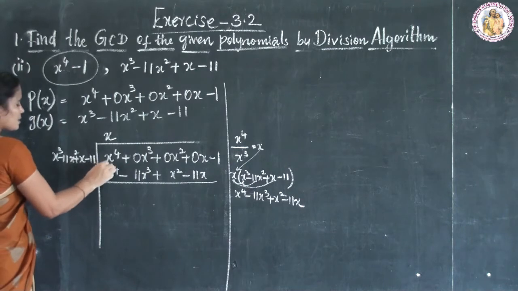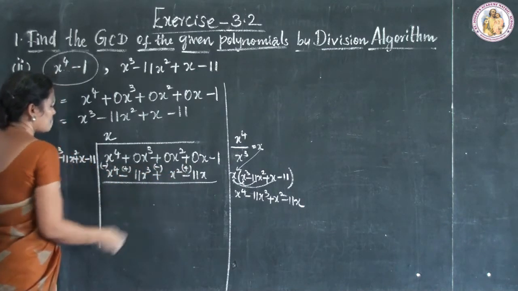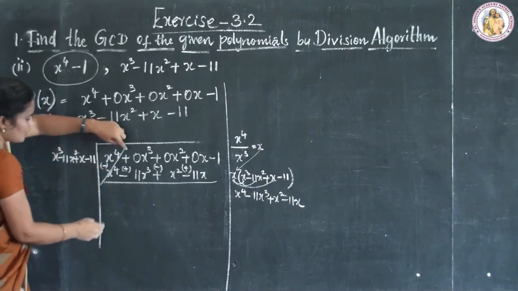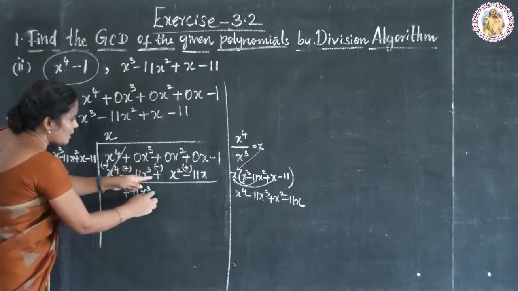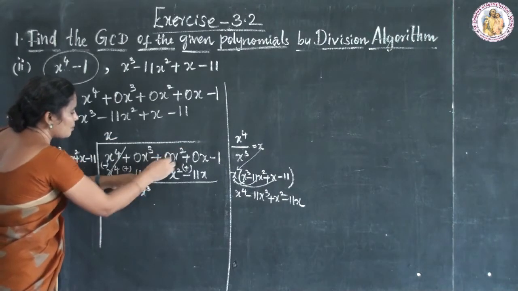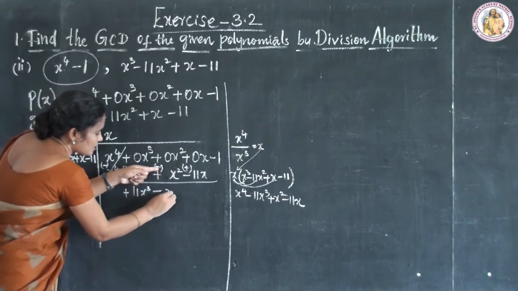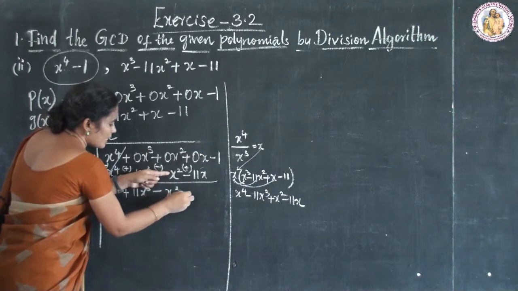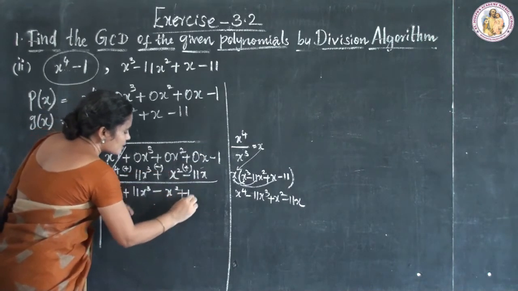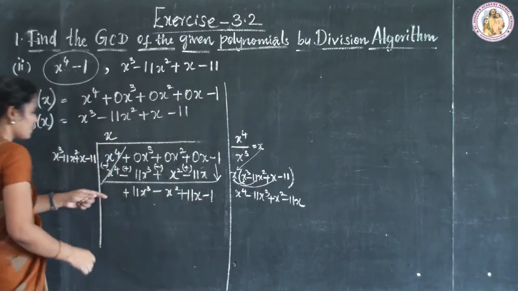Now minus plus, minus plus cancel, and here the same sign 11x cube, and here you can see 0x square minus x square. So write minus x square, and same sign, you have 0 now, so write plus 11x and take the next term minus 1.